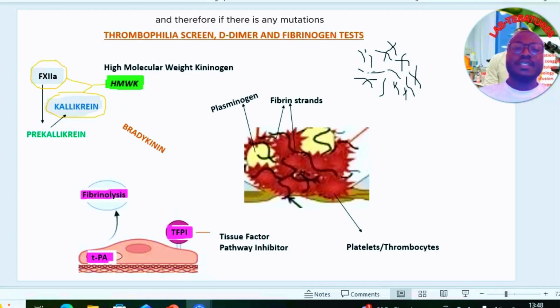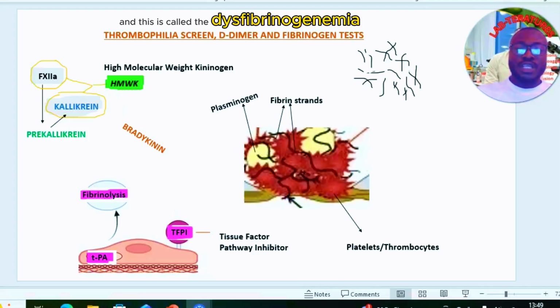Therefore, if there are any mutations within the fibrinogen beta gene, which is much involved in the cross-linking feature of the fibrinogen protein in clot formation, it is either going to lead to low production, that is hypofibrinogenemia, not being produced at all because of the mutation, which is afibrinogenemia, or a dysfunctional type, where much of it is produced but its quality is impaired, and this is called dysfibrinogenemia.